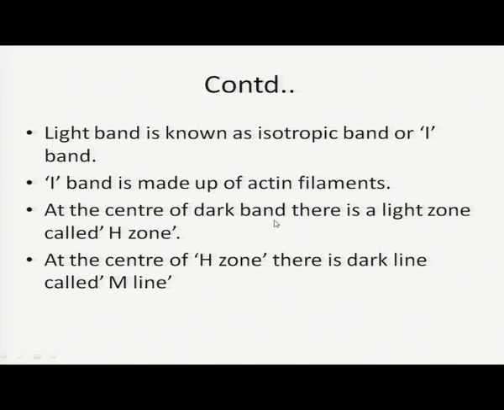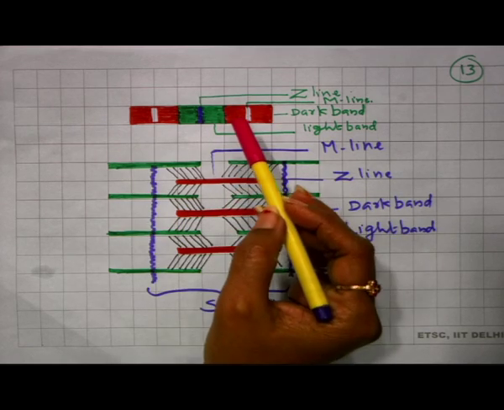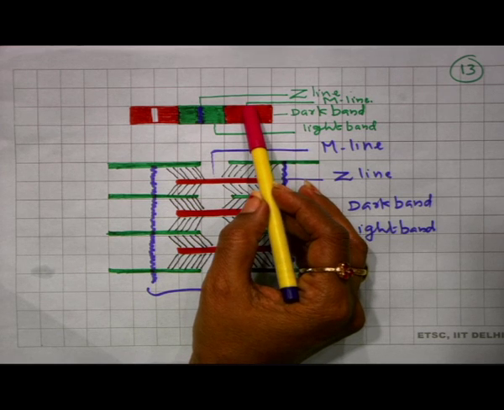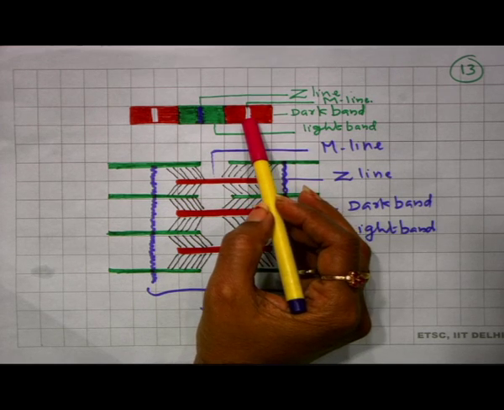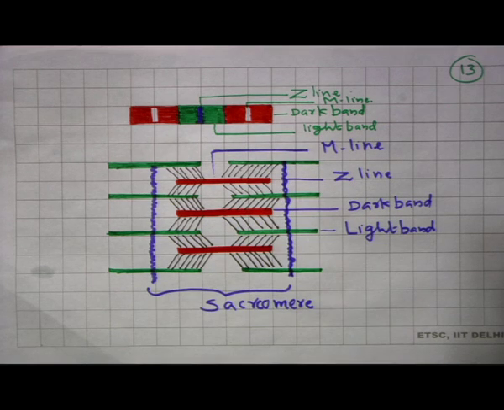At the center of the dark band, there is a light zone, and that zone is known as H zone. Here you can see at the center of this dark band there is a light zone, and this light zone is known as H zone.